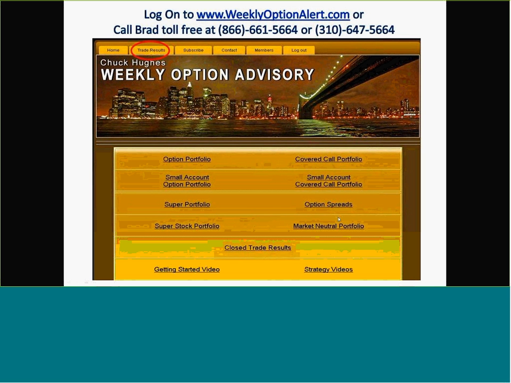Here's the market neutral portfolio. We have option spreads. We have covered calls. We have option purchases. So if you want to get an update and see how these portfolios are doing, just click the trade results page and you'll get the updated trade results. Or you can call Brad toll free and discuss the advisory service with him.